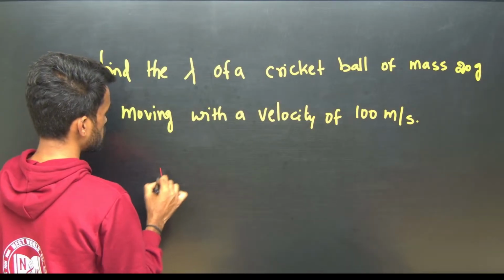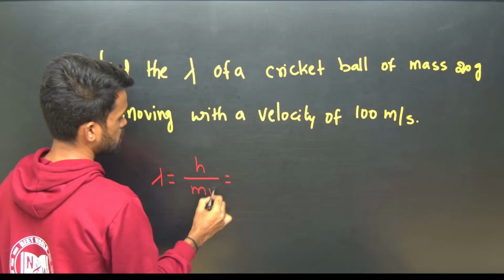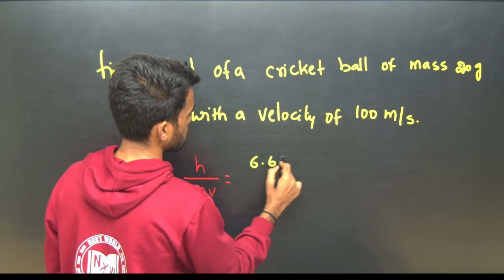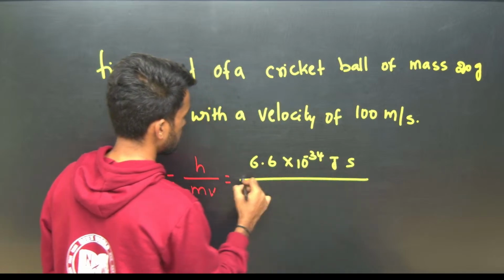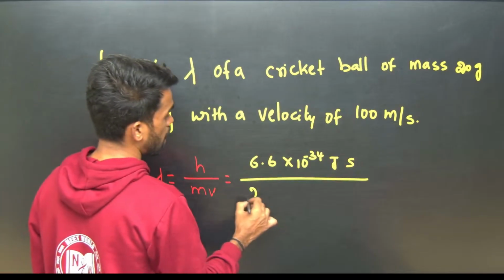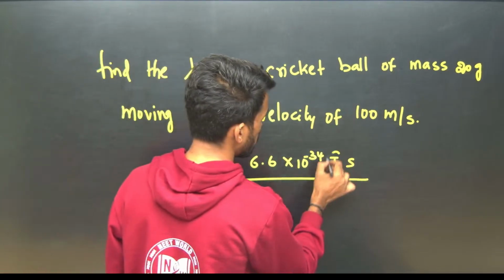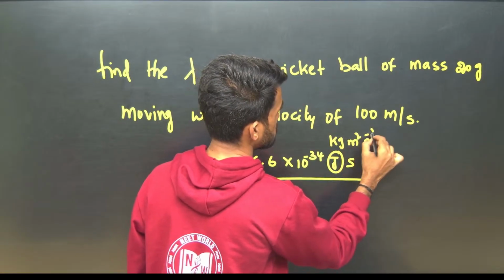So how can you do this? Lambda equals h by mv. So 6.6 into 10 power minus 34 joule second, divided by mass. They mentioned 20 grams. See, joule you can write as kg meter square per second square.